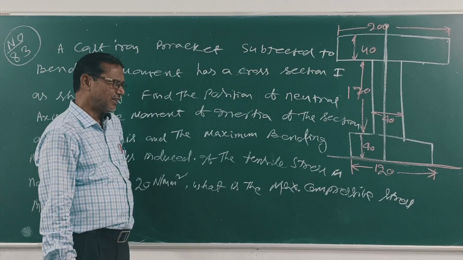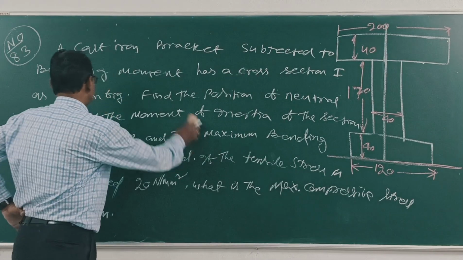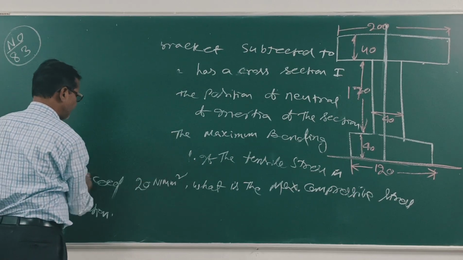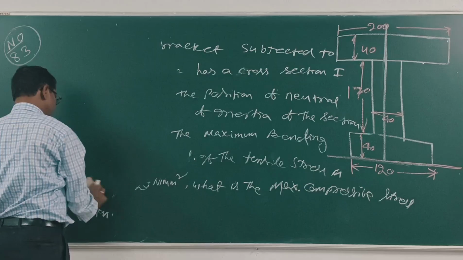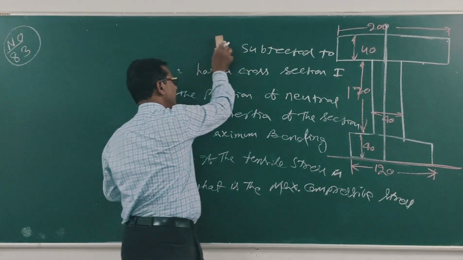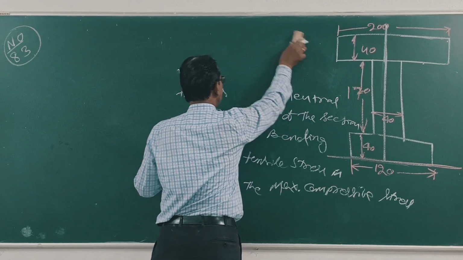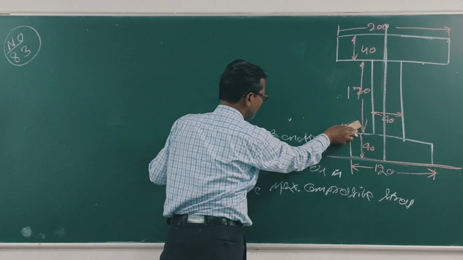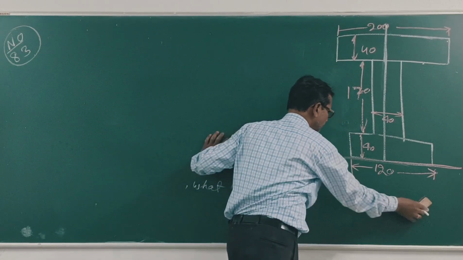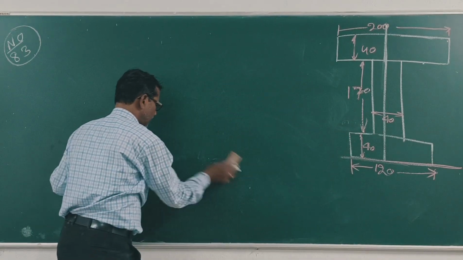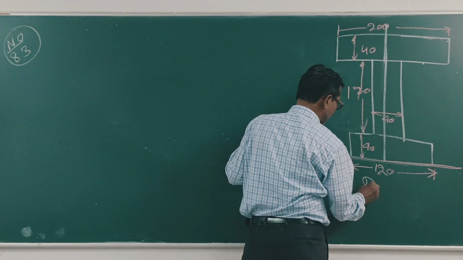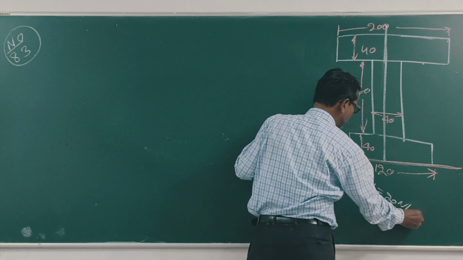Then I write sigma t given, sigma t is equal to 20 Newton per mm square.